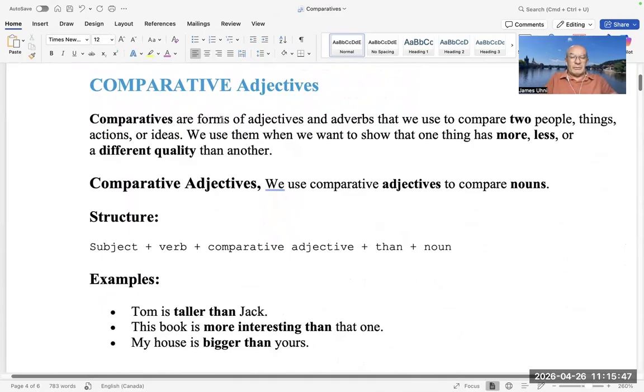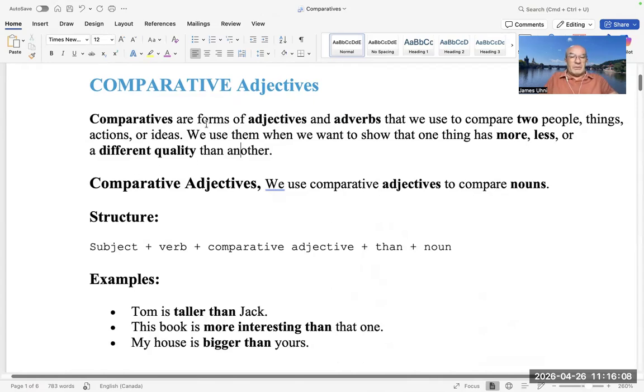Comparatives are forms of adjectives and adverbs. So I will make it more visible for you, so you know what I'm talking about. First of all, we will talk about adjectives.